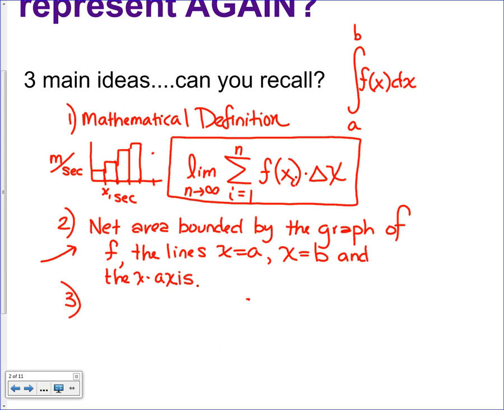And lastly, we said if we are to translate this for word problems, we know that the integral of f of x dx from a to b represents the total change in the antiderivative of f.